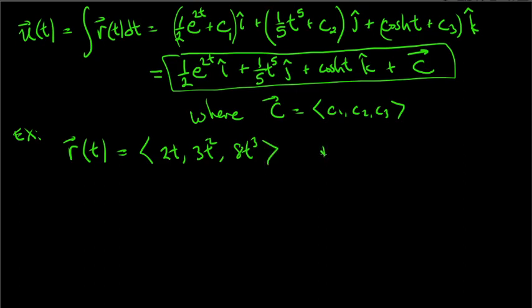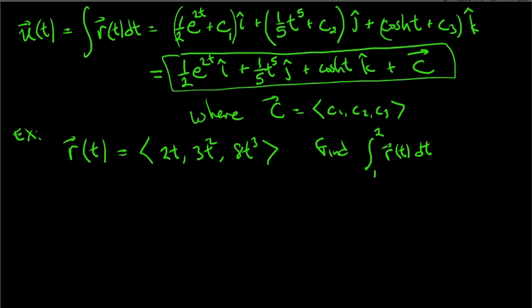Okay. So suppose we want to find the definite integral. Let's just do 1 to 2 of r of t. So this will not be a vector. Well, it will be a vector, I'm sorry. It will be a vector, but not a function. It'll be a vector whose components will just be numbers.